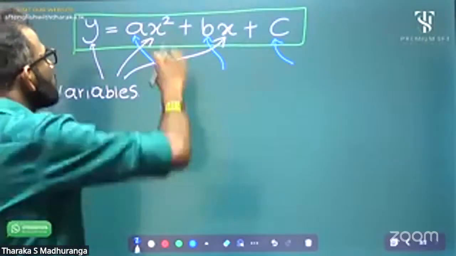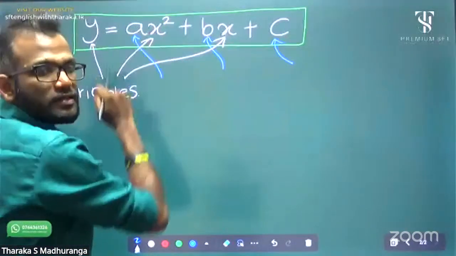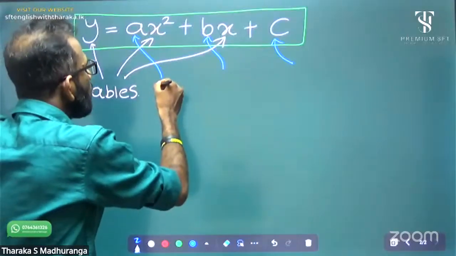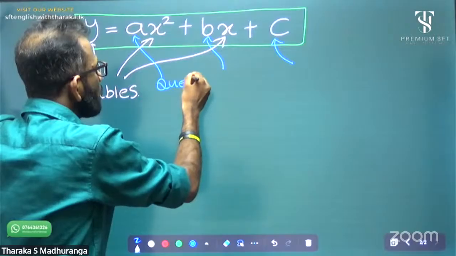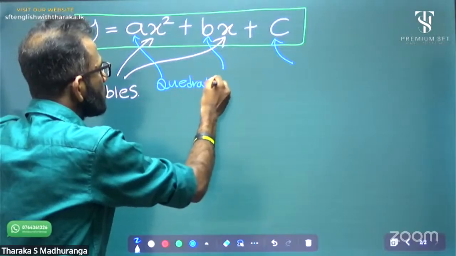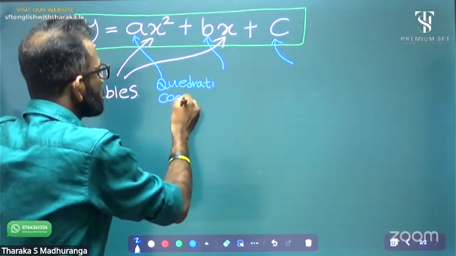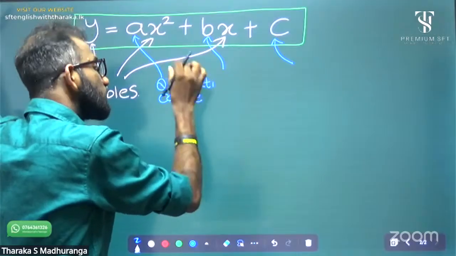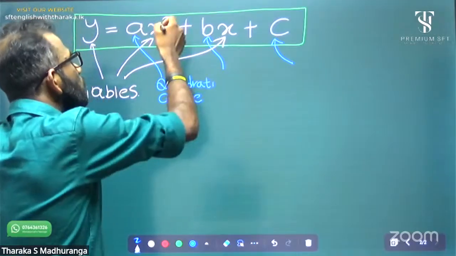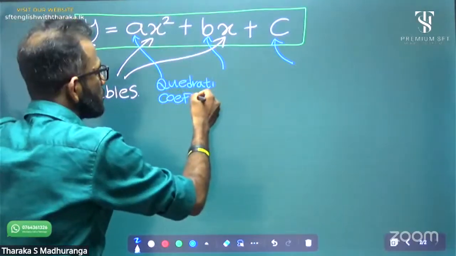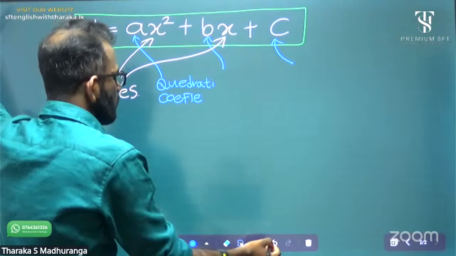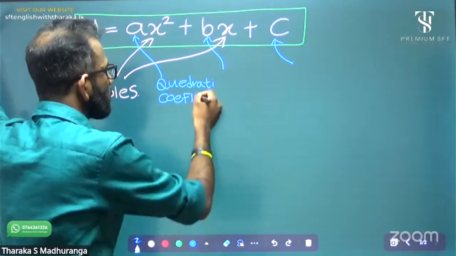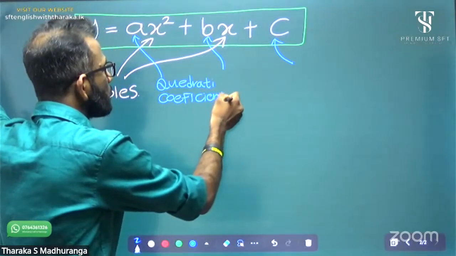Remember, the a constant has a name that we call the quadratic coefficient. It's a constant that we call the quadratic coefficient.